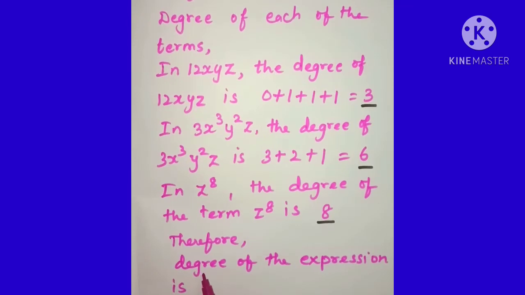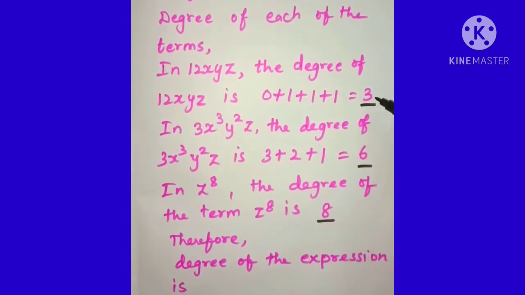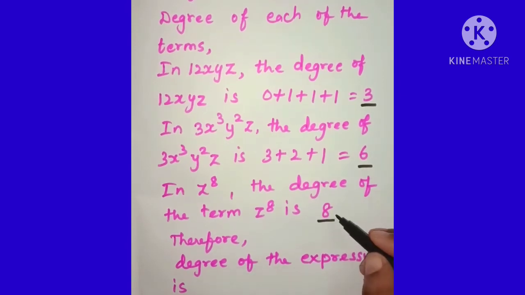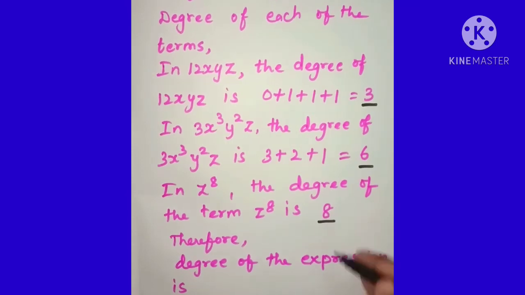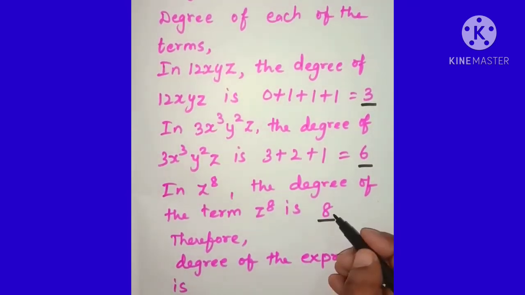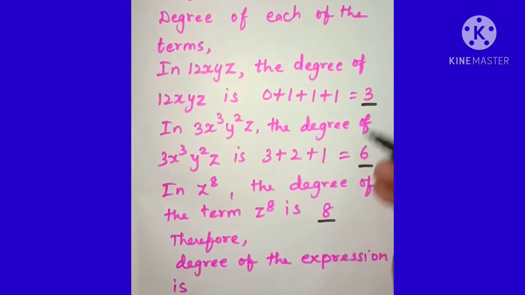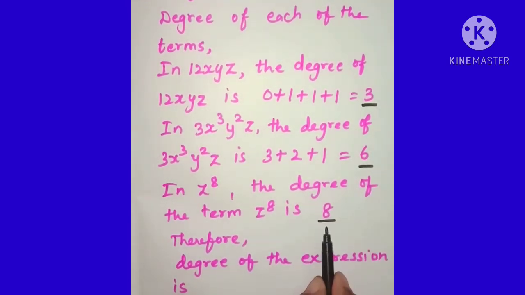Now students, the degree of the expression. Here we found the degree of each term. The first term is 3, the second term is 6, the degree of the third term is 8. To find the degree of the expression, we need to take the higher power. Comparing to others, the term which has the highest degree is z power 8.